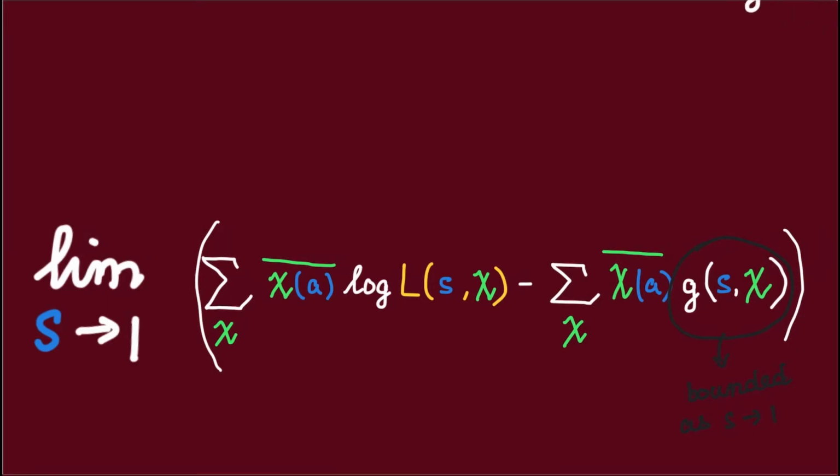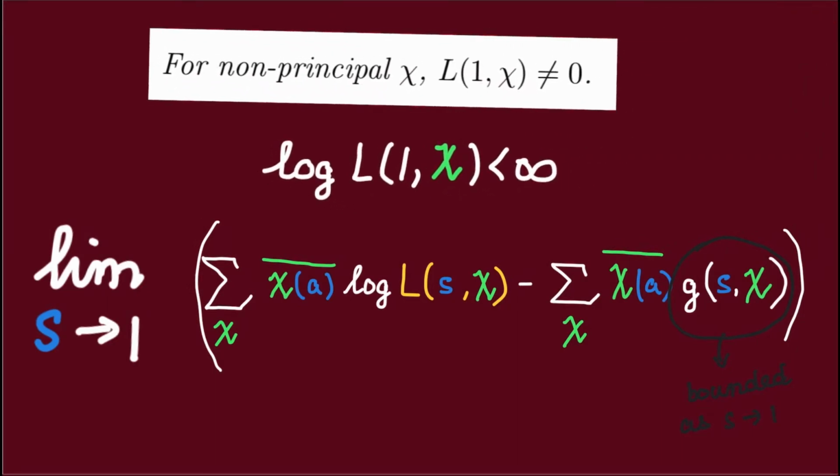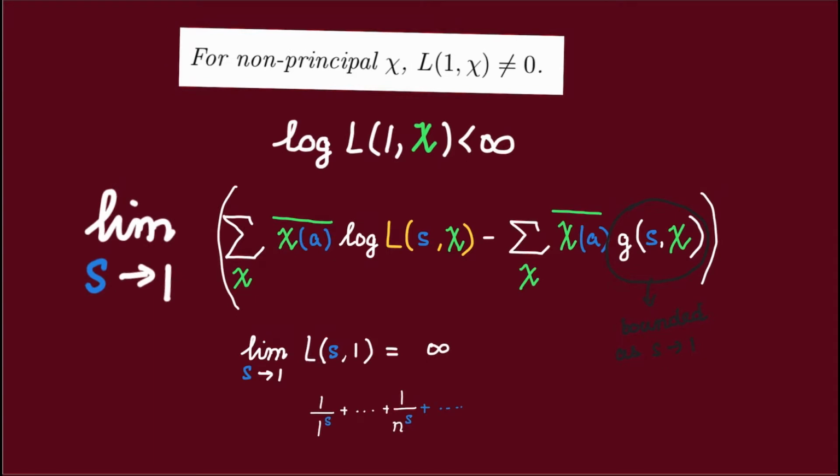Moreover, from our previous discussion, we know that for all non-principal characters χ, log L(1, χ) is going to be bounded. On the other hand, the L function for the trivial character is just the Riemann zeta function, and its limit as s approaches 1 is just the harmonic series, so that sums to infinity.